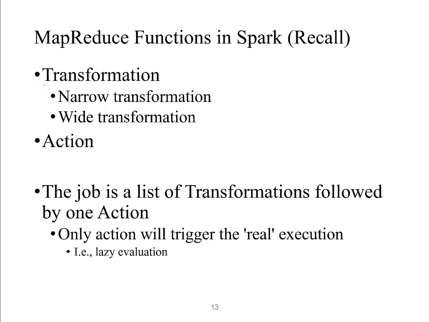They do have different functionalities to help us design our program. So to some extent, we can say that in Spark, when we write our MapReduce program, it's more or less a combination of different methods put together as a pipeline to achieve our goal.